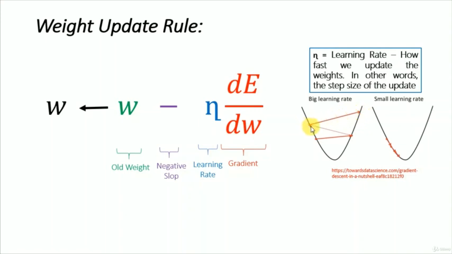Now again, you do the same thing, you update the weights, and again you calculate a very big slope. So in this case, it's going to jump right here. And then you reach here, you calculate the slope, and again the slope is very big, and you end up jumping to the other side right here.